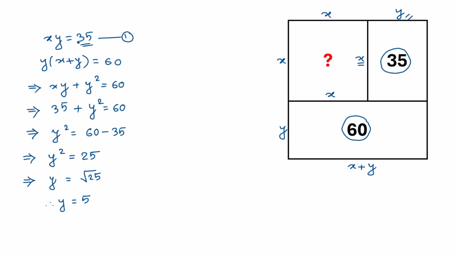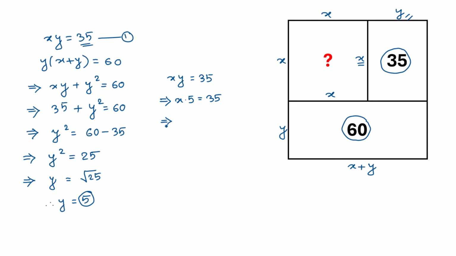Now from equation 1, we have xy is equal to 35. Or substitute the value of y as 5. Here we can write x times y, which is 5, is equal to, right side is 35.